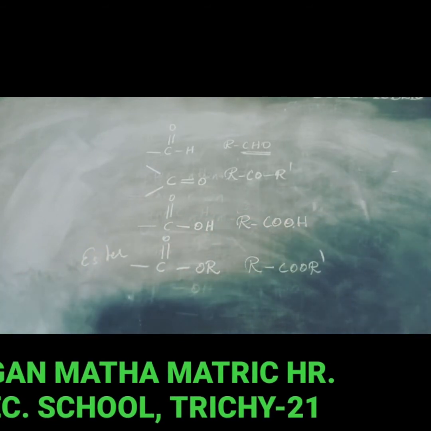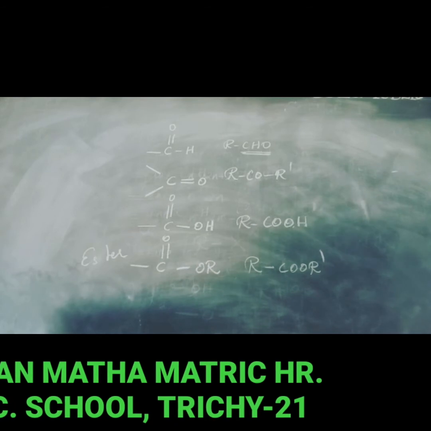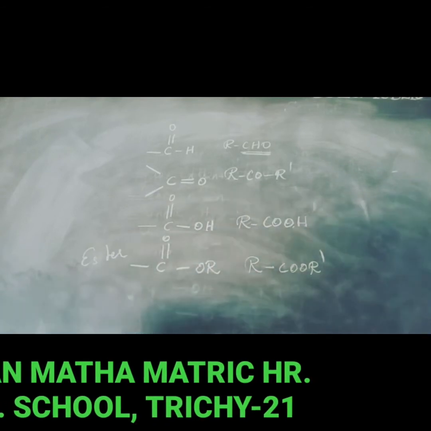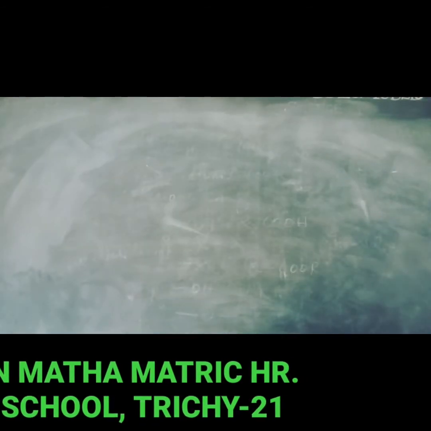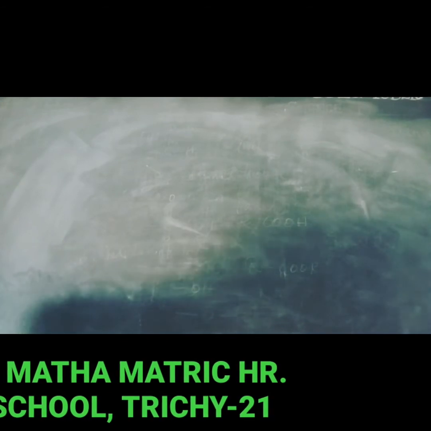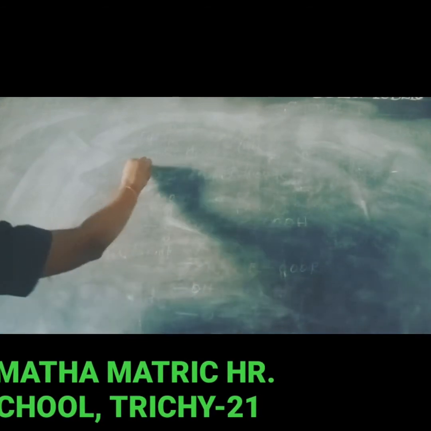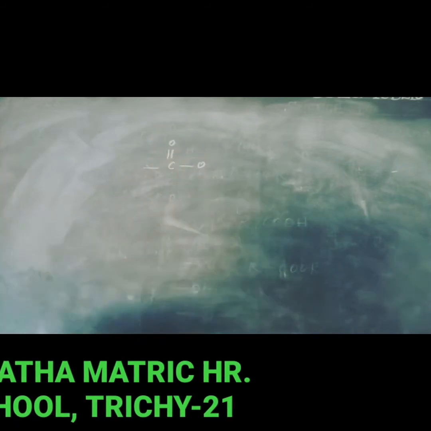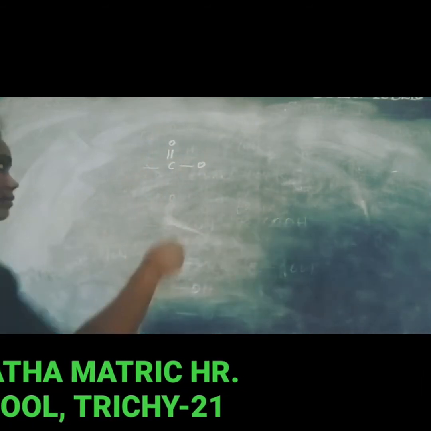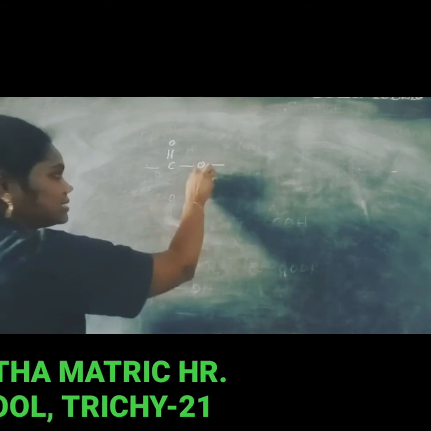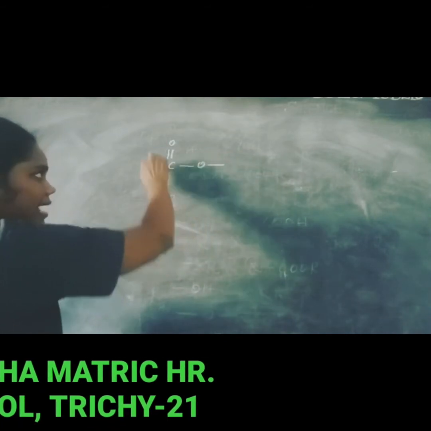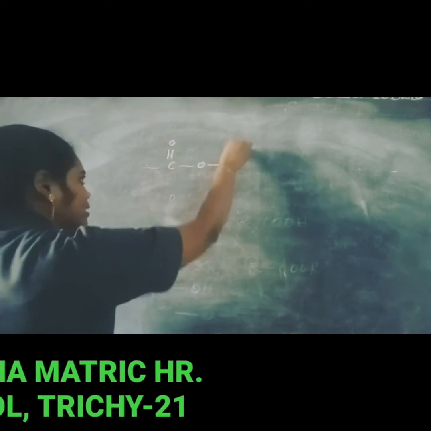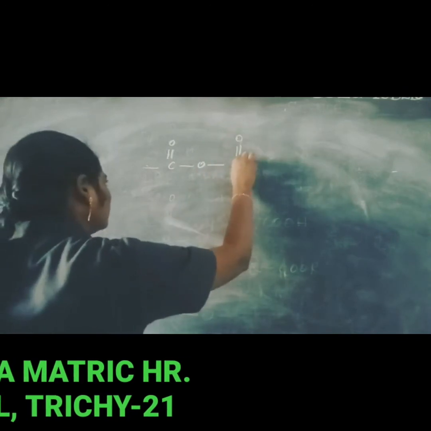And next one is acid anhydride. The functional group for acid anhydride is C double bond O, then again a bond, because oxygen valency is 2. C double bond O bond.